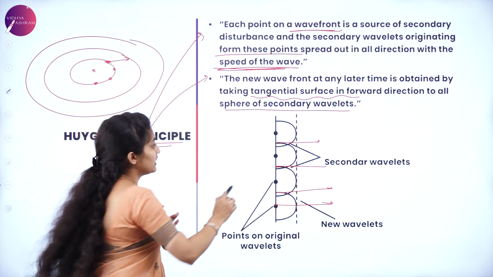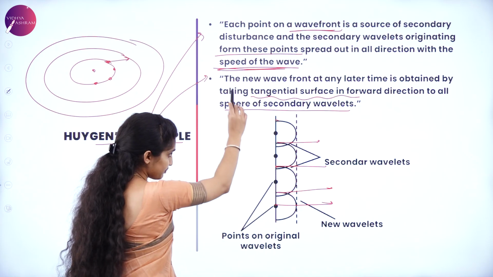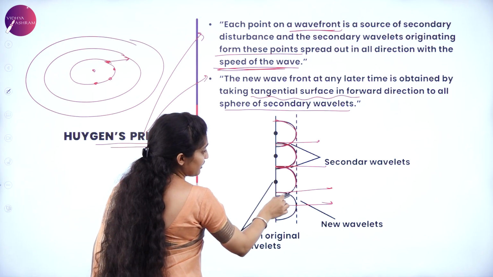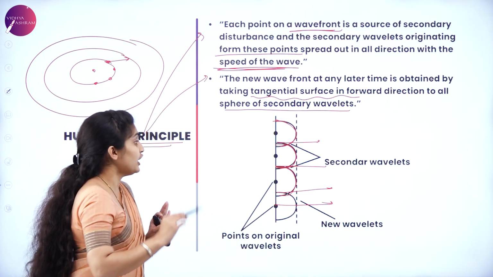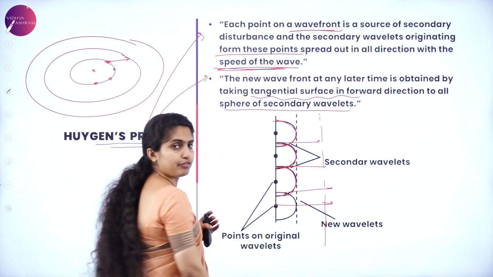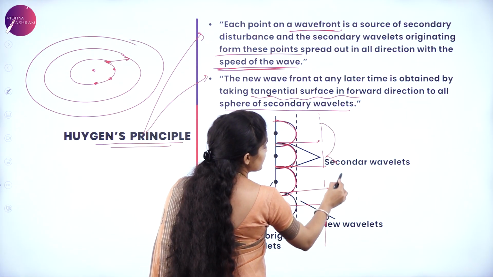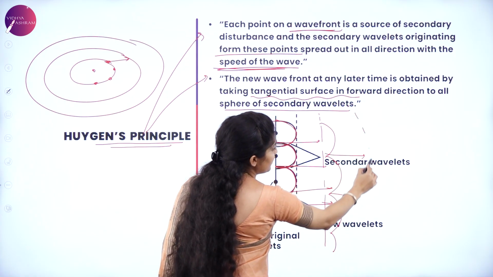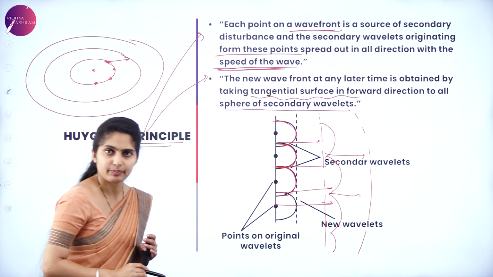If suppose this is a secondary wavelet and this is a sphere of the secondary wavelet, half of the sphere is given. If you draw a tangent to it, you get another wave front. Again, if there is a sphere created here, drawing a tangent to it, you get another wave front here. Understood?